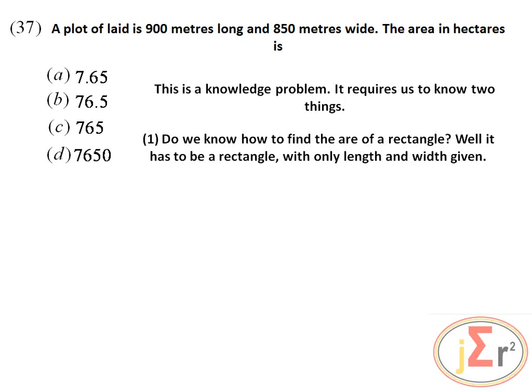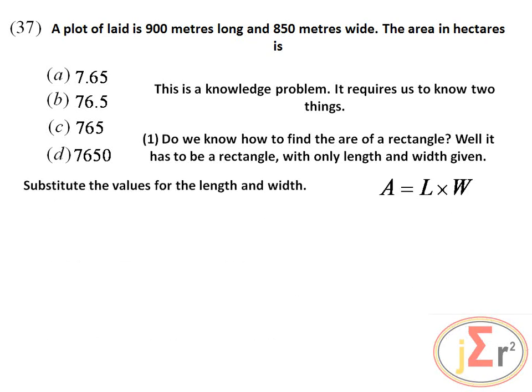Well, it has to be a rectangle with only length and width given. So we are sure that it has to be a rectangle. And of course we are using the context of the dimensions and their names that were given to us. So area is equal to length times width.